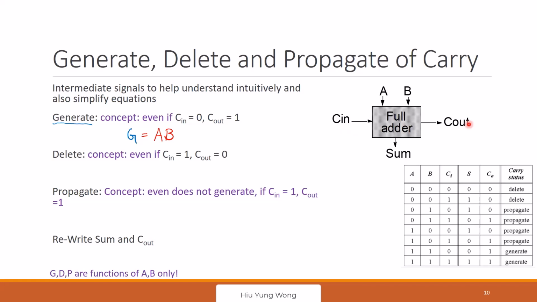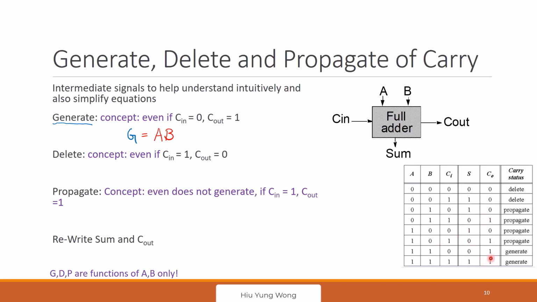And similarly, even if the C in is 1, C out is 0. What is that? C in is 1, you see that? But in this case, C out is 0. It deletes my input, C in. This one, C in is 1, C out is 1. No, it did not delete it. C in is 1, C out is 1.